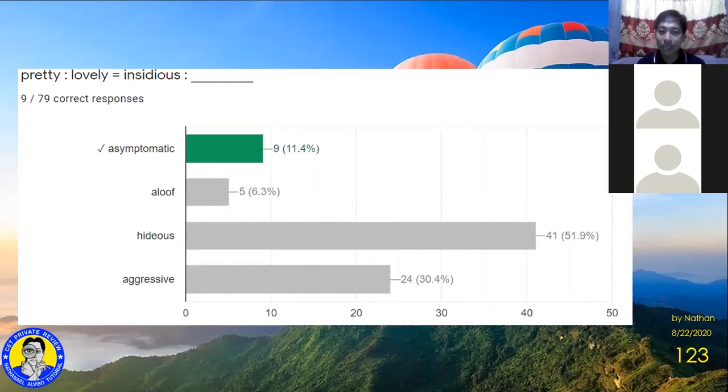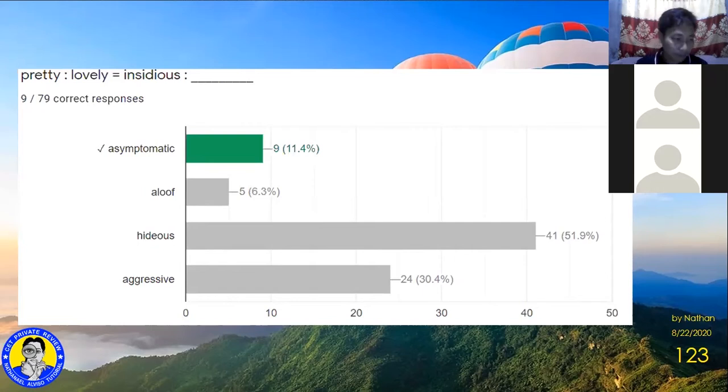And you know, if asymptomatic is not a choice, then hideous will be the next answer. Because hideous, it's like hiding, right? Hiding your symptoms, right? But hideous will refer to many things, okay?